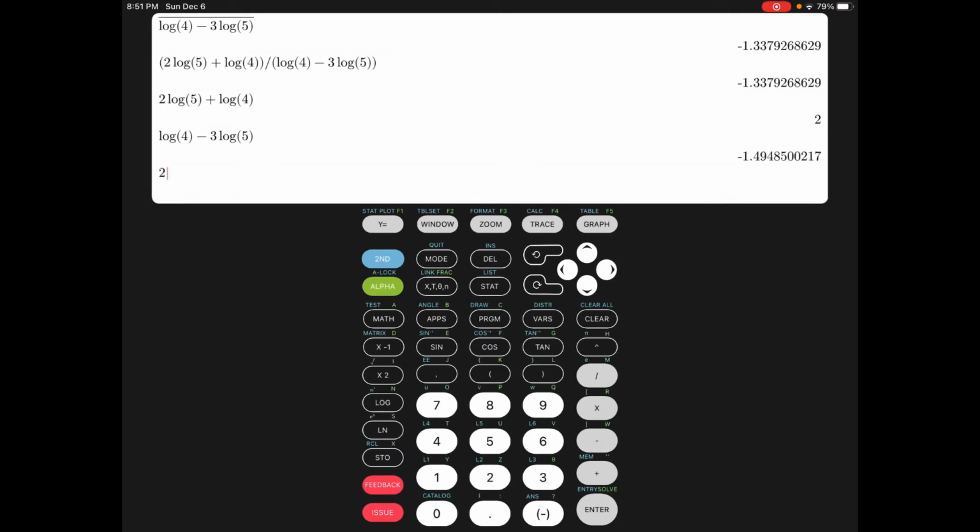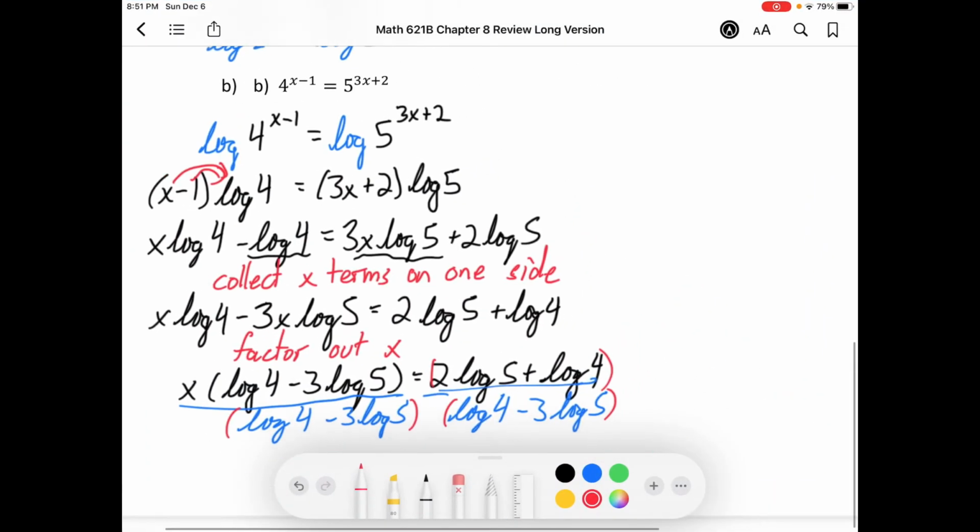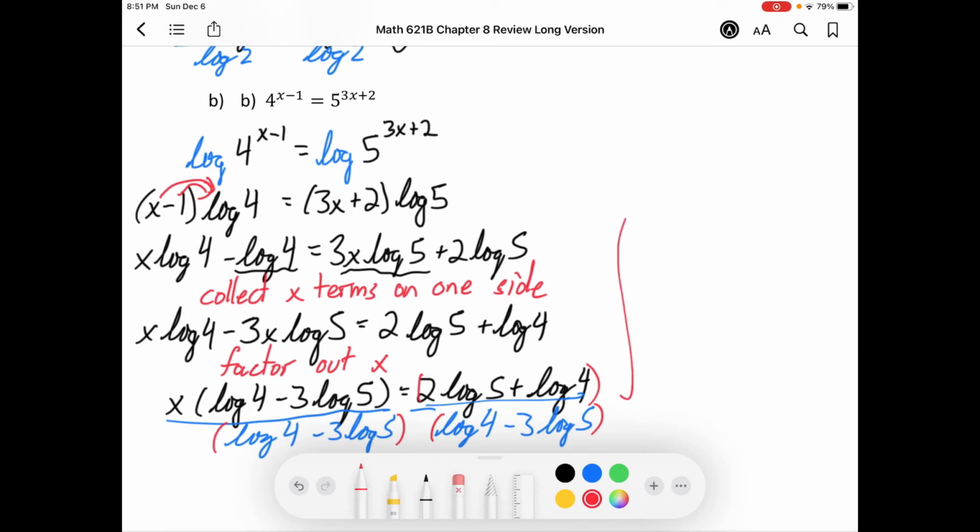And then just divide those two out. 2 divided by negative 1.49485. I think it'll probably be close enough now. Still get negative 1.34 to 3 sig figs. So a few approaches there. If you have a nice calculator, you're kind of spared from all this misery. Any way we slice it, we should end up with negative 1.34.